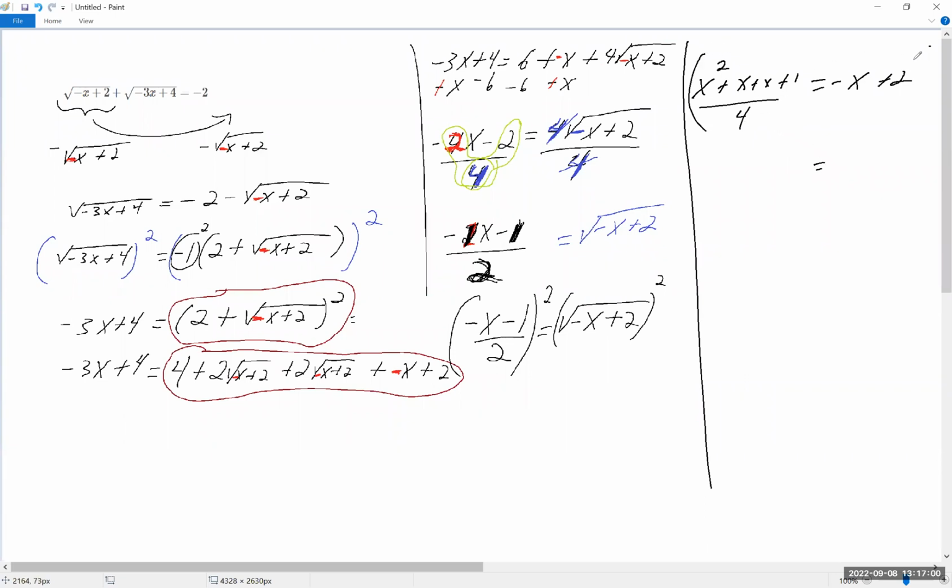Multiply everything by 4. And I'm left with x squared plus 2x plus 1 is equal to negative 4x plus 8.